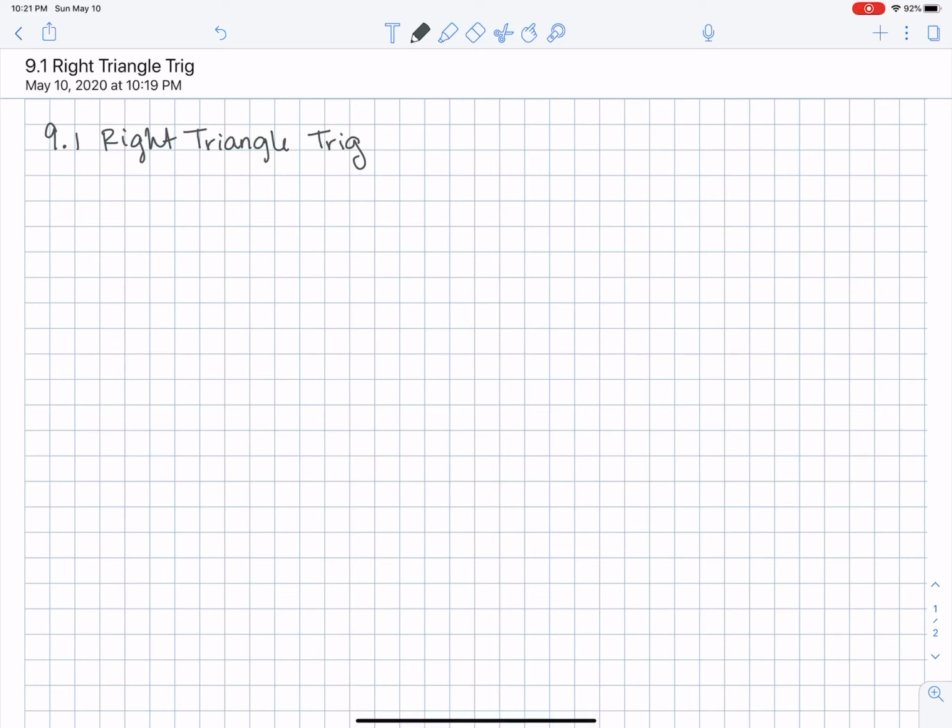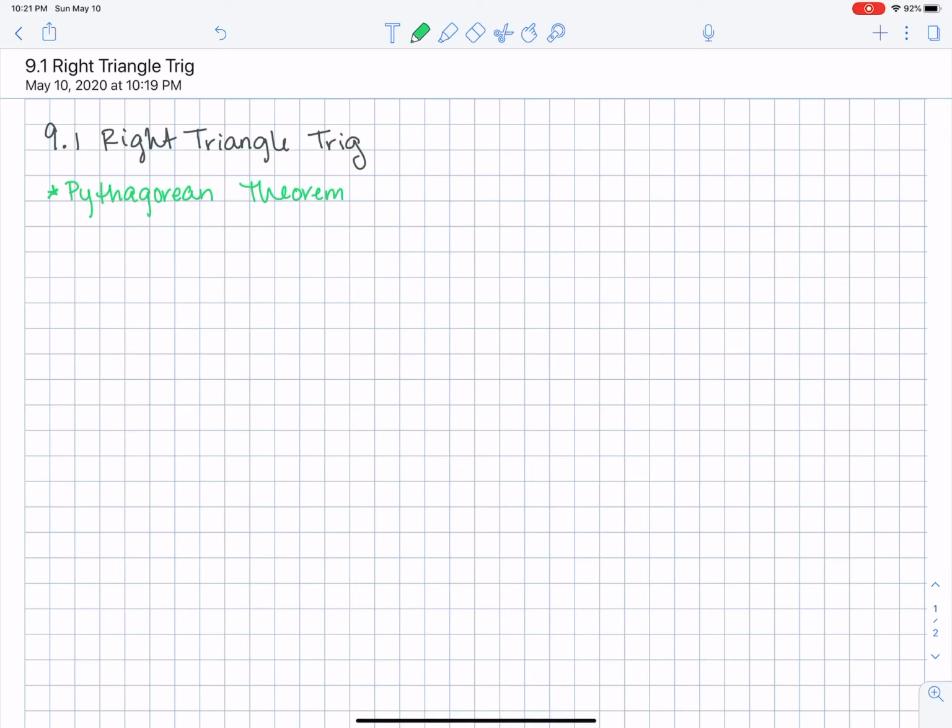So there's a few things that you, of course, need to know, and we're taking a trip back to geometry for our Pythagorean theorem. There we go, Pythagorean theorem.